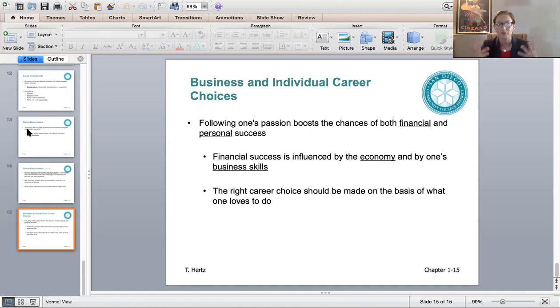While you're building those business skills, also think about how you can build the soft skills at the same time and be the best that you can be, so that you have the highest probability of actually getting a job and being successful and making a lot of money based on what you love to do.